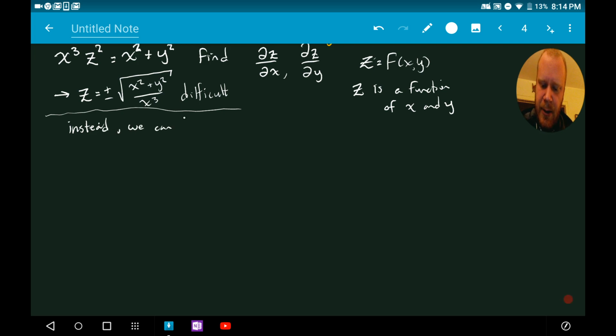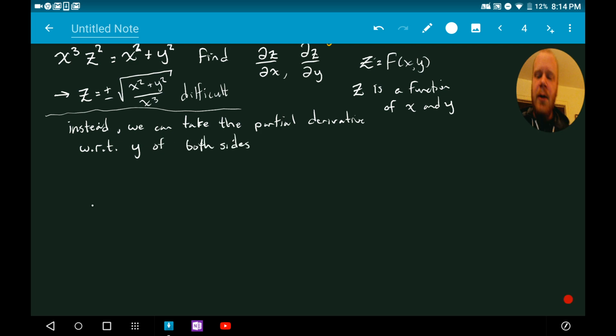we can take the partial derivative with respect to y of both sides. So let's see what that looks like.